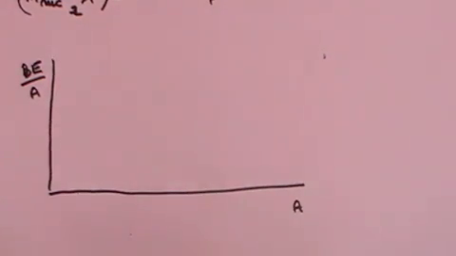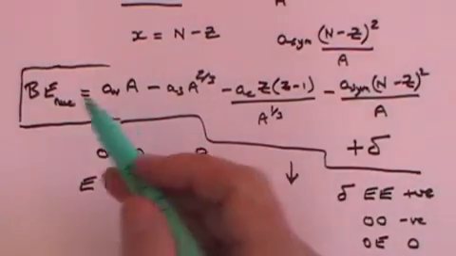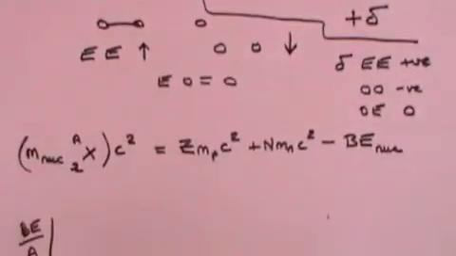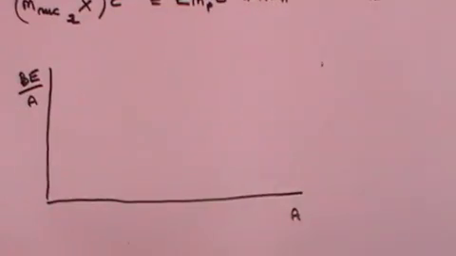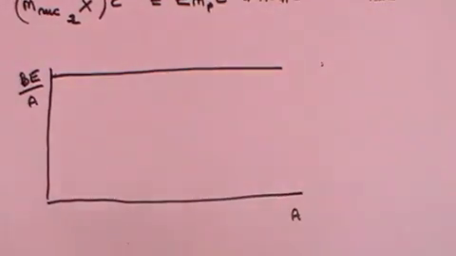If you take just the first term, binding energy equals a constant times A, that means that the binding energy per nucleon is a constant. You would just get a straight line.